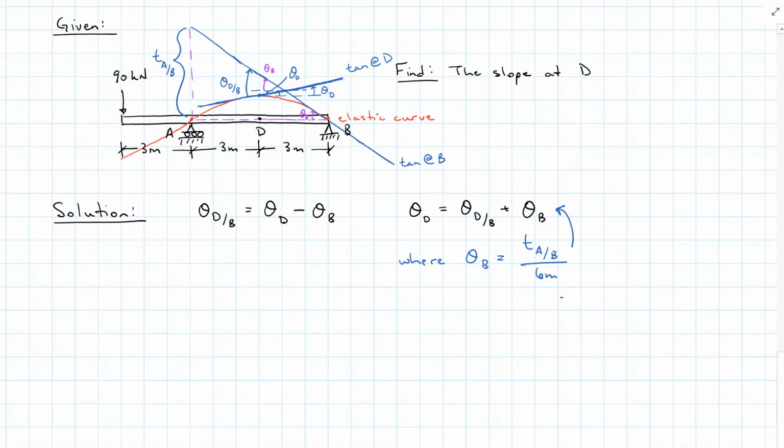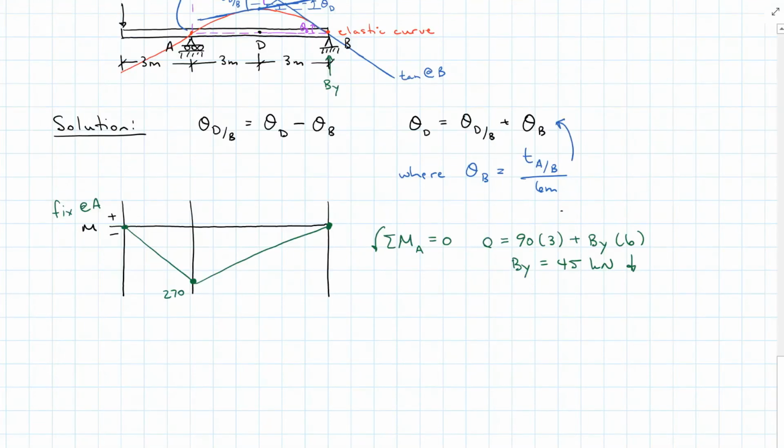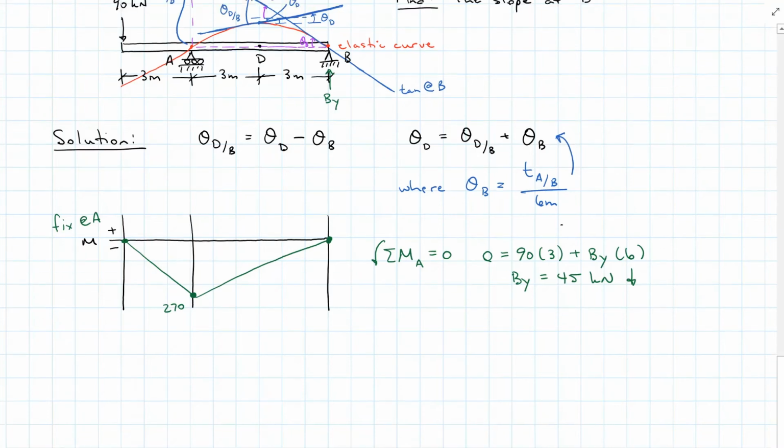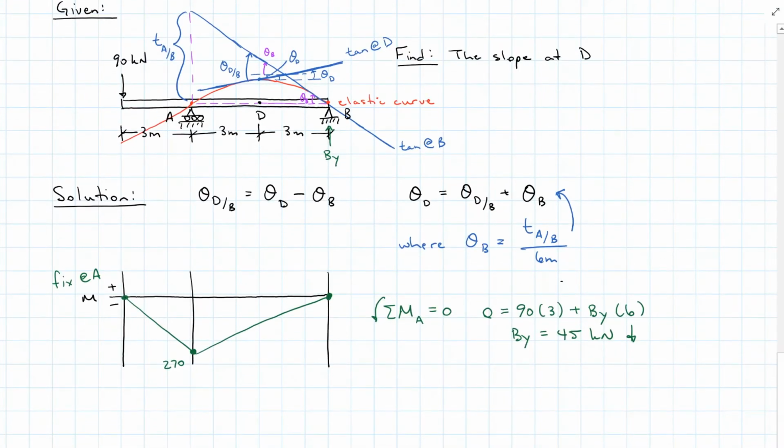In order to get those, we need to have our moment diagram. So I'm going to do, again, moment diagram with superposition. So there is our moment diagram. The first thing I need is theta DB. So theta DB is the area between B and D. So that's going to be this little filled in triangle here. And the height is going to be 135.